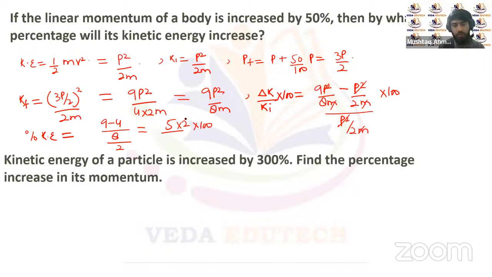So it will be equal to 500 upon 4... that is, 1000 upon 8, which is equal to 125. That means the percentage change in the kinetic energy will be equal to 125%. So 125% will be the change in the kinetic energy.